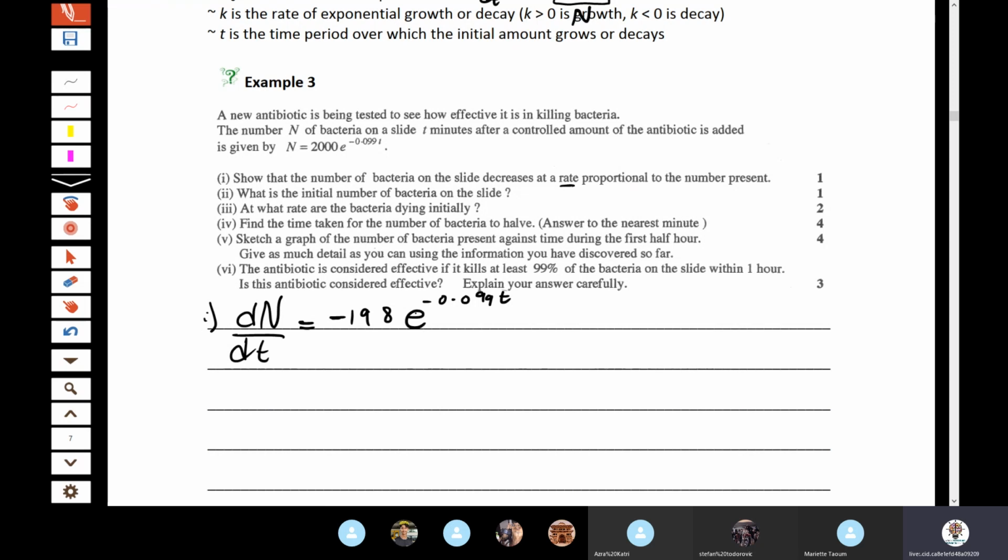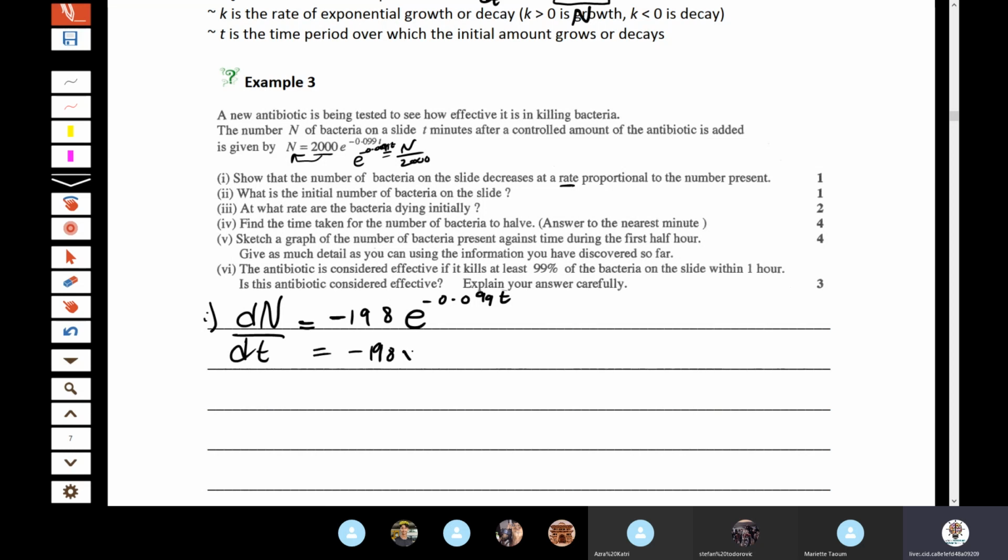The number present was e^(negative 0.099t), which is n over 2000. Right, so you've got to solve for e. You've got to bring this guy over to here. So therefore, e^(negative 0.099t) is equal to n over 2000. So you're done, really.